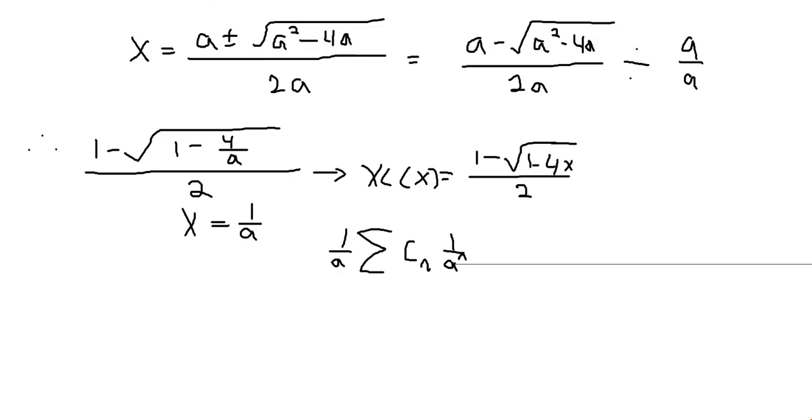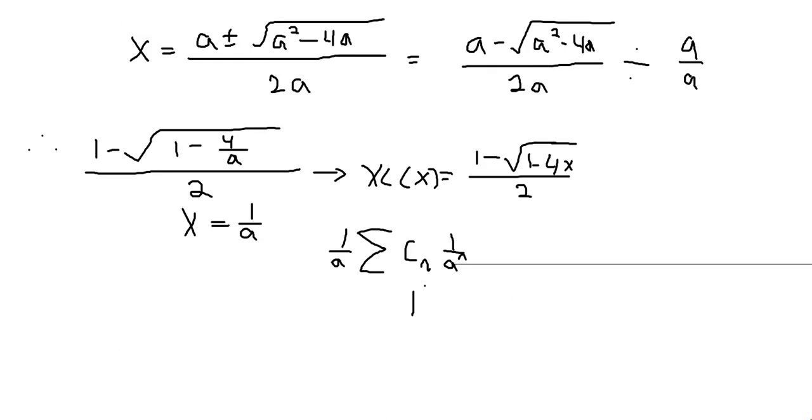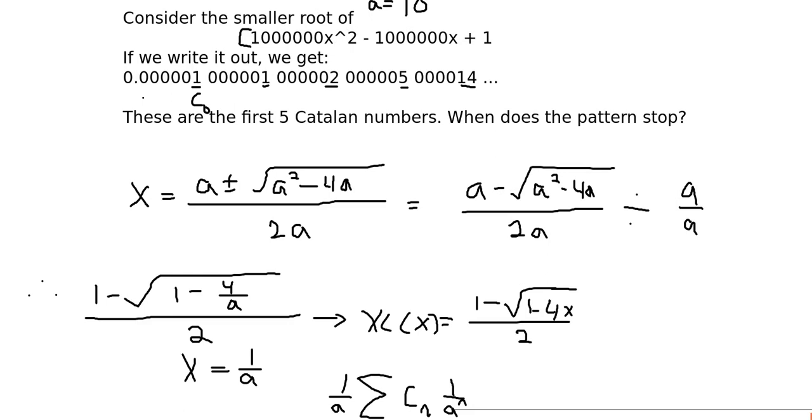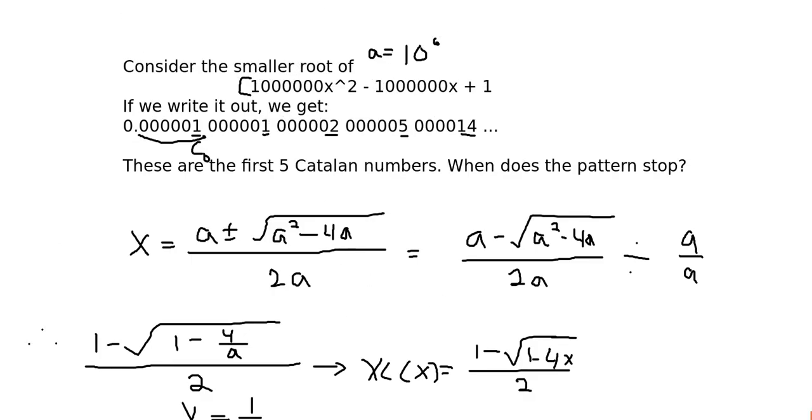If we were to plug in n equals 0, we would get C0, which is 1, times 1 over A to the 0, which is just 1. So really we should be starting out with 1, but we have this extra 1 over A. 1 over A shifts the entire decimal, and that's why we get blocks of 6, because A is 10 to the 6. So we're dealing with 10 to the negative 6.